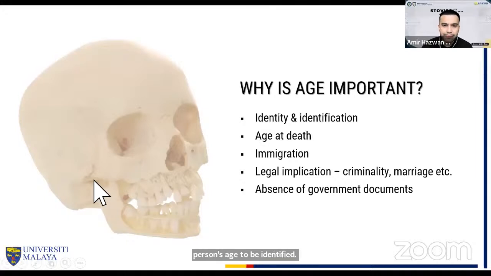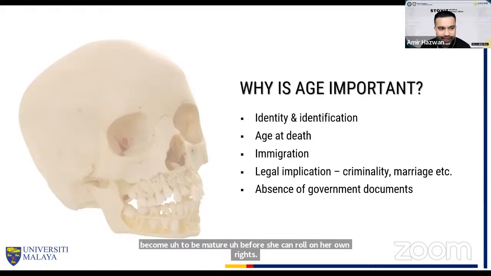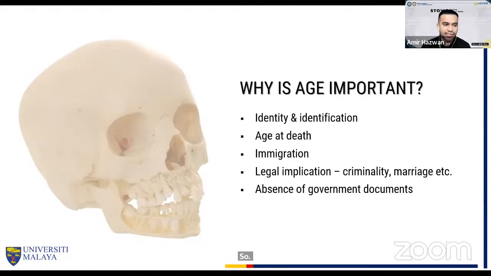Okay, why is age important? Based on the stories I told you just now with regard to Mary, Queen of Scots, her role as a monarch or as a queen, it's very important for her to be mature before she can rule on her own rights. So one is her chronological age, 6 years old, 9 years old, and so on.